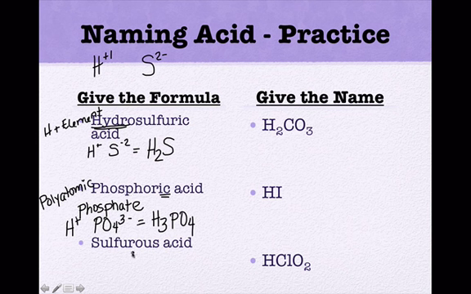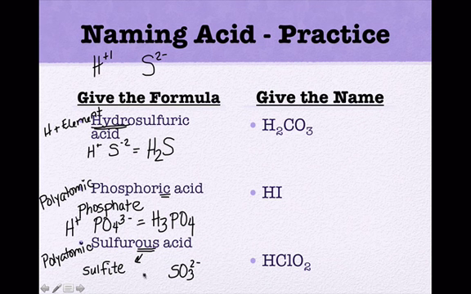This is sulfurous acid. Again, no hydro in front, so this must be a polyatomic acid. So I go to that anions list on the back of my periodic table, but this time I'm not going to be looking for sulfate, I'm going to be looking for sulfite because that OUS came from the ite ending. So this is sulfite. And sulfite, if we look it up, is SO3 and it has a 2- charge.